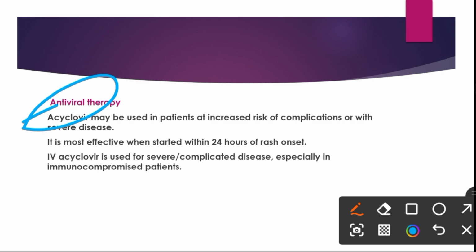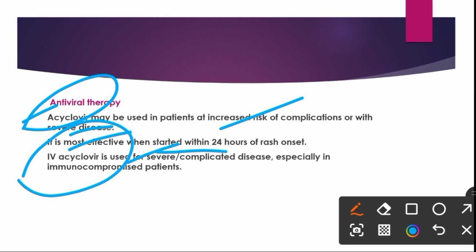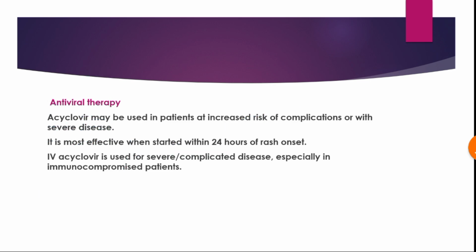But acyclovir is given in case of severe disease or when there is a risk of development of complications. Acyclovir is effective when started within the first 24 hours of the rash onset. If the disease becomes severe, then we can also give acyclovir in IV form.